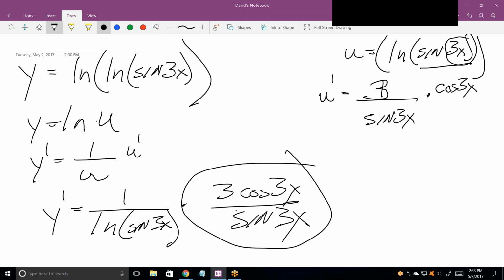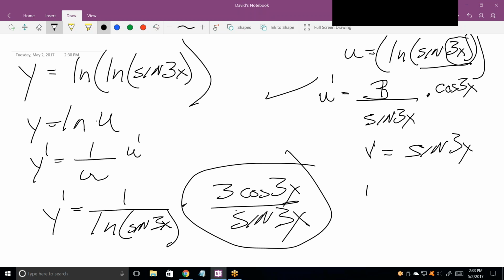Now, notice that u prime required a double application of the chain rule. It's difficult to use u substitution when you have multiple applications of the chain rule, so sometimes I'll use different letters. In this case, v would be sine of 3x.